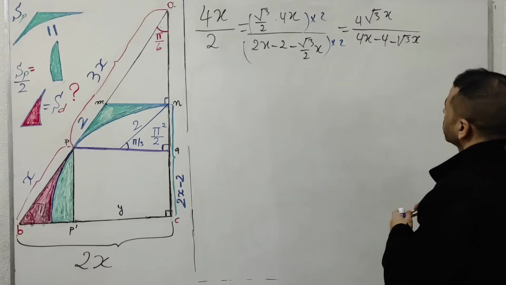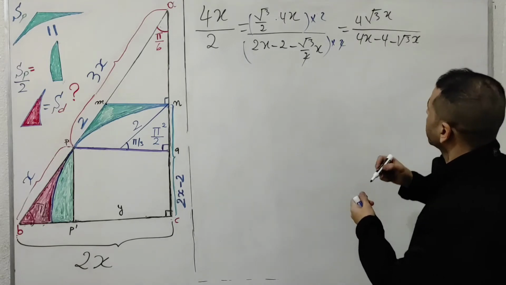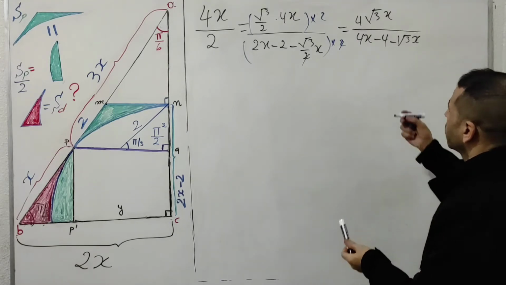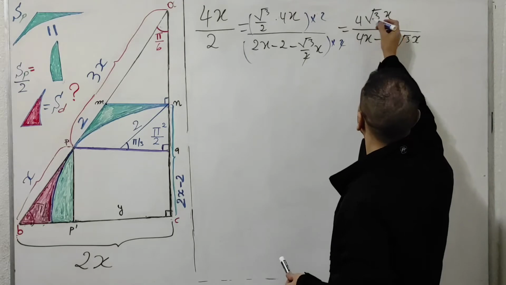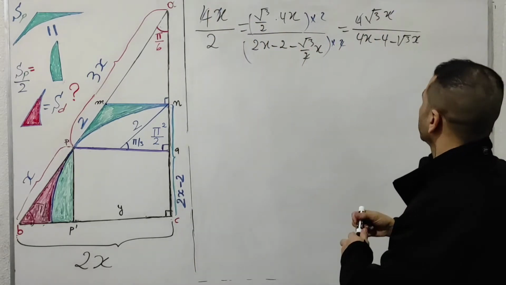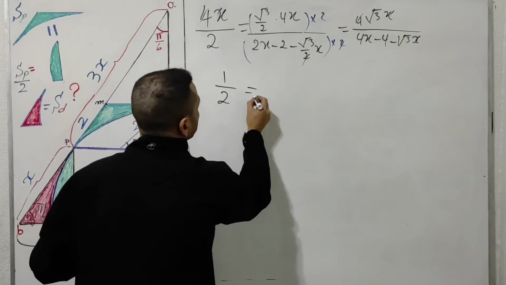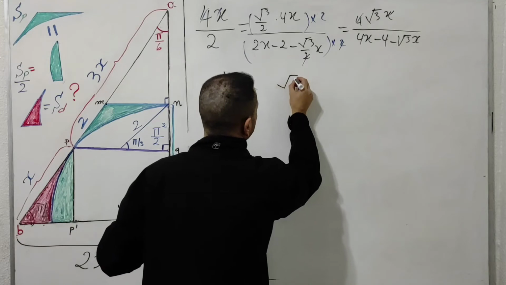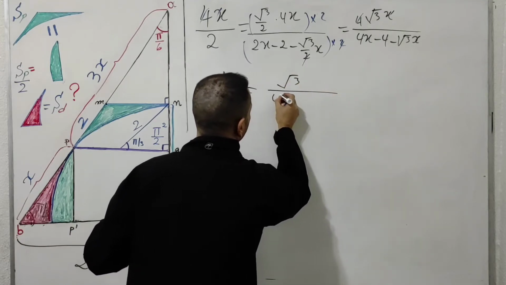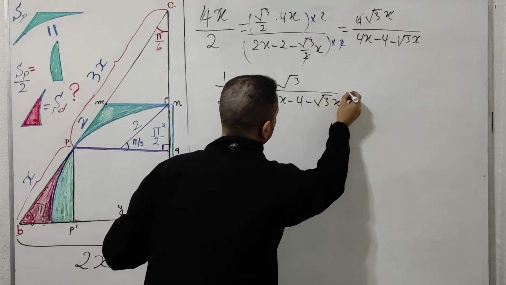So now this 2 will be cancelled out with this number 2, and moreover I'm going to cancel out 4x from both sides. So I will get a half equal to square root of 3 divided by 4x minus 4 minus square root of 3 x.